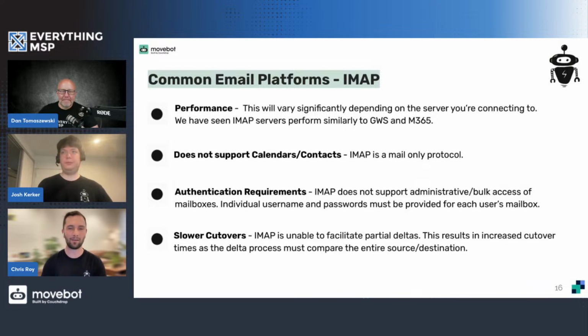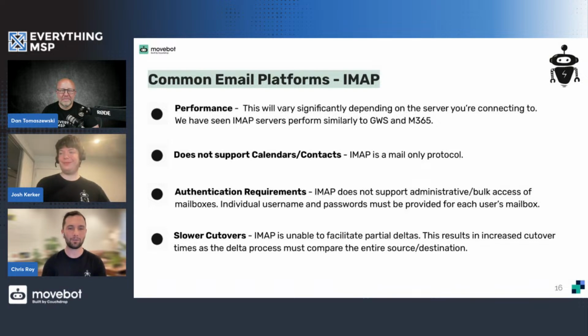We have seen IMAP servers perform as well, if not better, than some Google or Microsoft cloud options. They can be very performant. On the other end, they can also be incredibly slow. And if you're coming from older systems, that can be quite cumbersome.